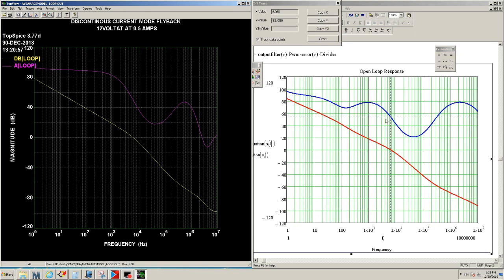So here I said that there's a 53. Okay, so we go to 0 here, and here the loop is 49, 53, and it's crossing over at 6,000, I believe. So that's pretty close to each other.